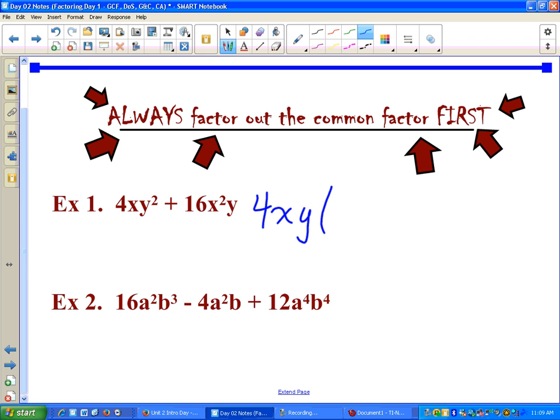4xy. Remember, when I'm factoring things out, it's really like I'm dividing them out of these terms. And what I have left goes inside the parentheses. The plus stays in the middle. What am I left with in the first term?